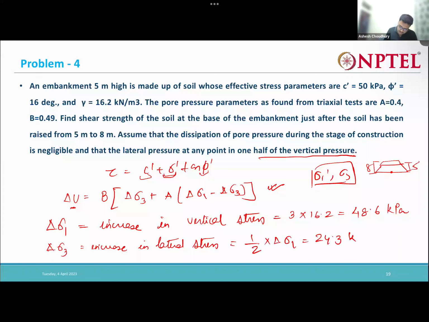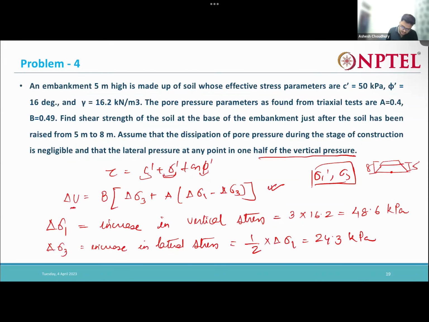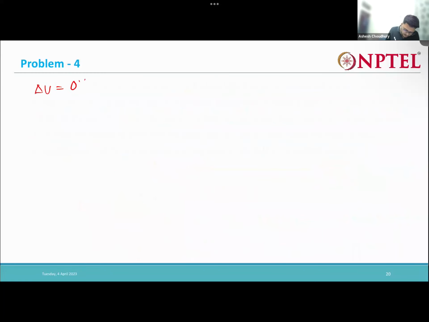24.3. Okay, we got this. Now let us calculate the delta U. This delta U is equal to B, which is 0.49, into 24.3 plus 0.4, this A, into 48.6 minus 24.3.